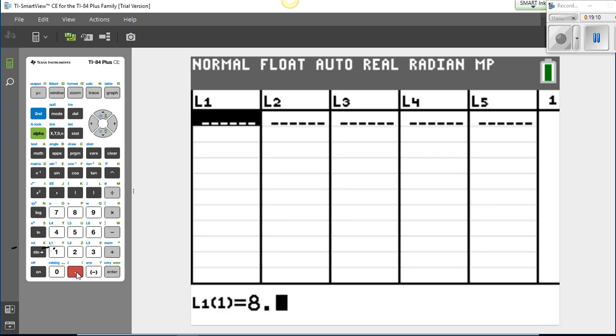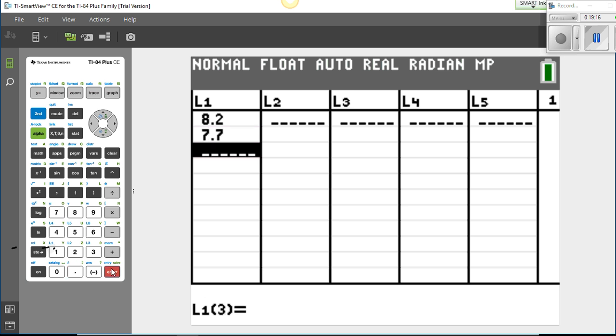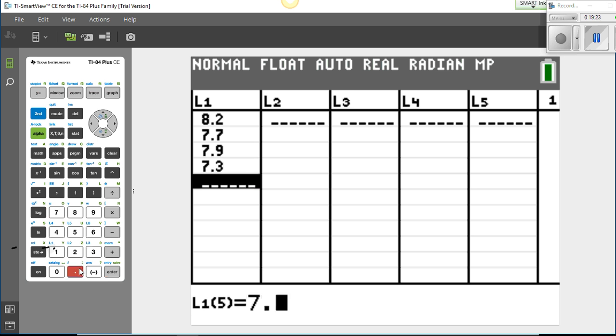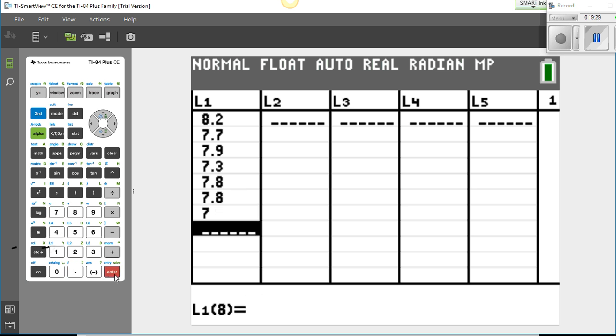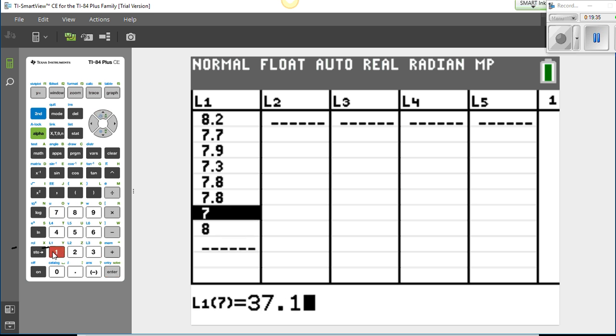8.2. Ooh, I got 2 people doing it. Nice. 7.7. Now it's just Karen. 7.9. 7.3. 7.8. 7.1. 8. I think there was like a mark over here.